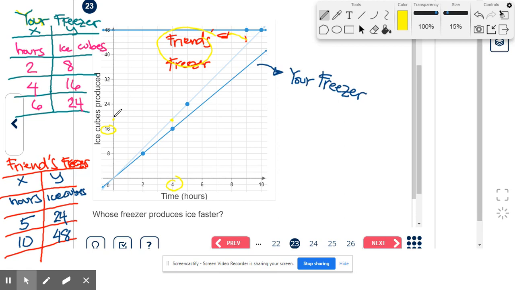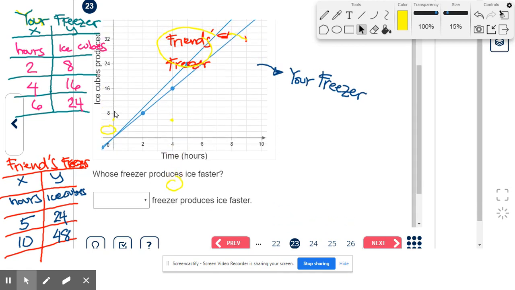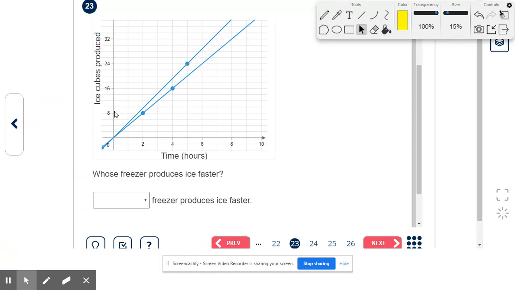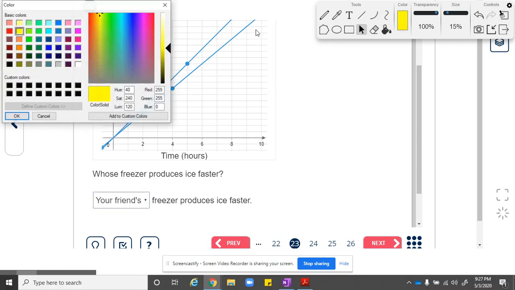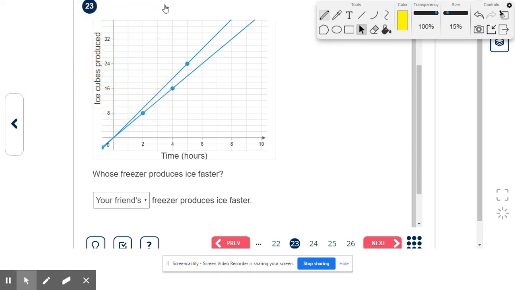So to answer the question, I'm going to clear that up to make it clearer. Your friend's freezer produces ice faster because your friend's graph, this one right here, is much steeper.